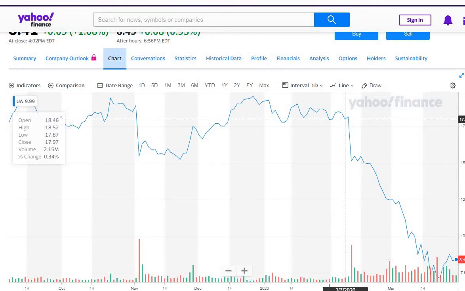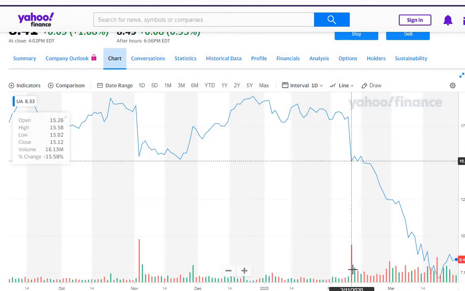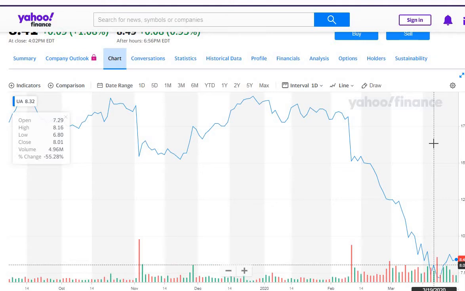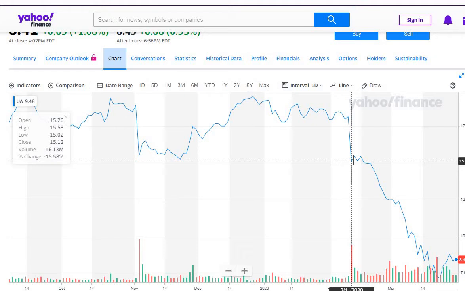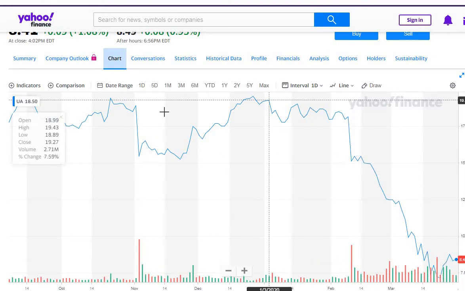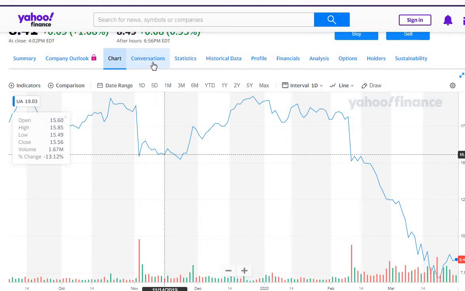That hit us in February and hasn't recovered since. This is my personal opinion, but I believe that this whole dip and continued dip in the graph is because of the coronavirus and the effect that it's having on this particular company.